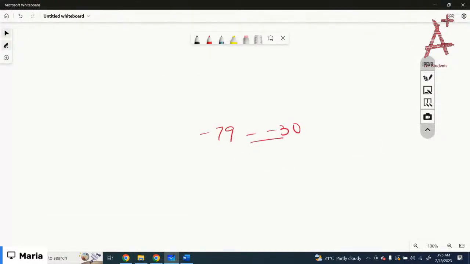Again, you have two negative signs. Got it? So subtracting a negative number is the same as adding. So it is negative 79 plus 3. Now 79 is greater. 79 has a negative sign, so the answer must be negative. Got it? So the answer is negative.